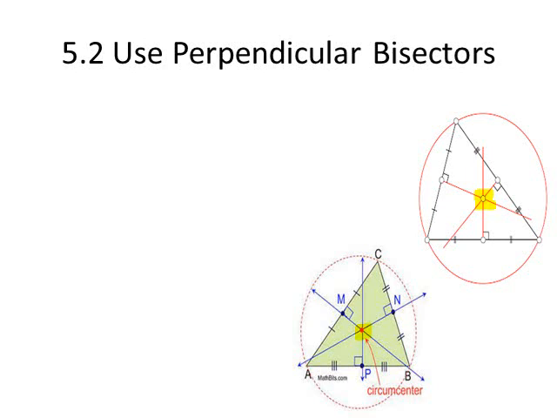In the drawing down here, the green triangle, we find that each of these lines, the B line, N line, and M line, is a perpendicular bisector of a side of the triangle. B is perpendicular to AB and bisects AB. N is perpendicular to BC and bisects BC. M is perpendicular to AC and bisects AC. So we found that the three lines intersect at a point.